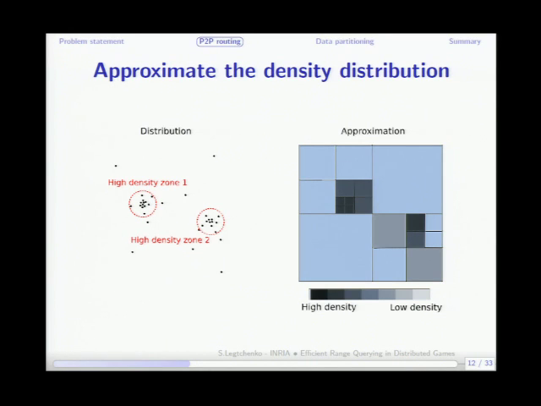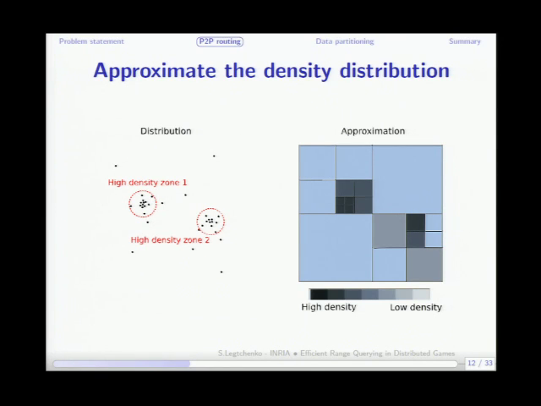So for the approximation, we use a local quad tree that is local to each peer. Here we have an example of a non-uniform density distribution in which each dot represents a peer coordinate, with two identified high-density zones.